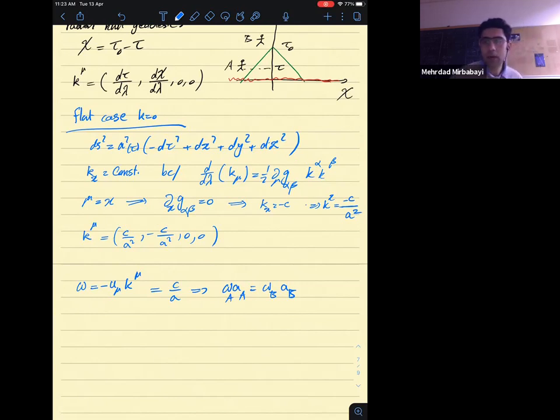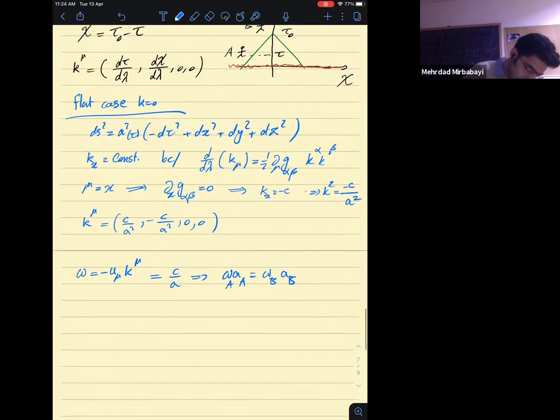Or if we say Bob lives at the current time, so we put an index 0 for Bob, and Alice is at some generic omega, then we have omega is equal to omega naught a naught over a.